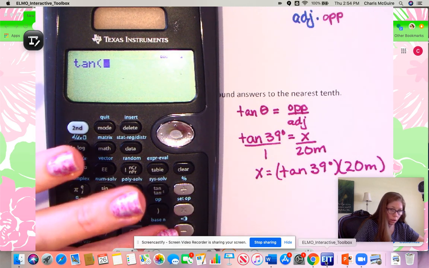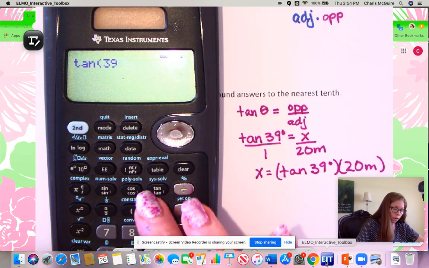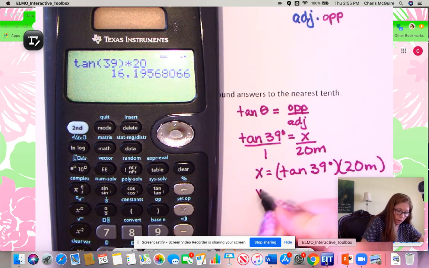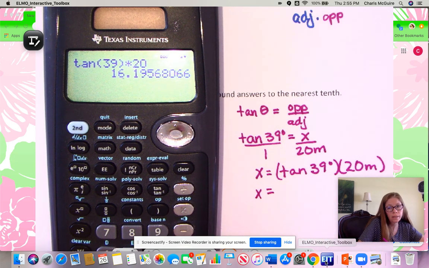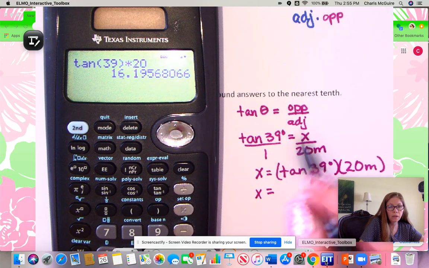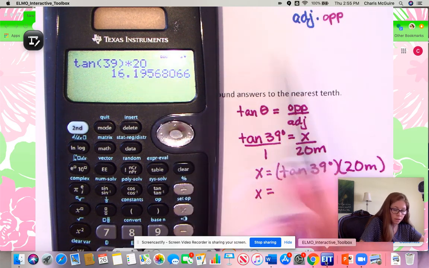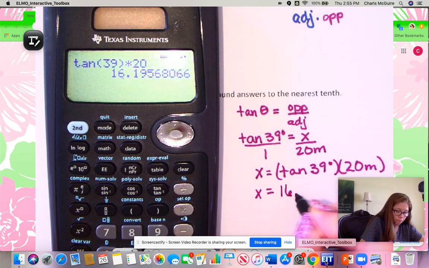I'm going to put in the 39, go ahead and close up the parentheses, and you can go ahead and push times 20, and it does the entire thing for you. So the length that I am missing, and it said round it to the nearest tenth, so that's 1 placement after the decimal, so we're going to round up because the 9 is in the hundredths. So it's going to be 16.2 meters.